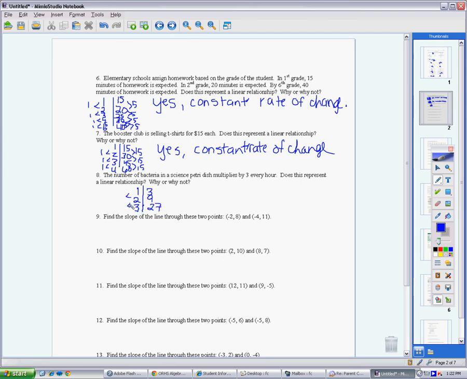So these go up by 1 on the x side. This goes up by 6, and then this goes up by 18. So that is not a constant rate of change. So this is no. It is not linear, and the rate of change is not constant.